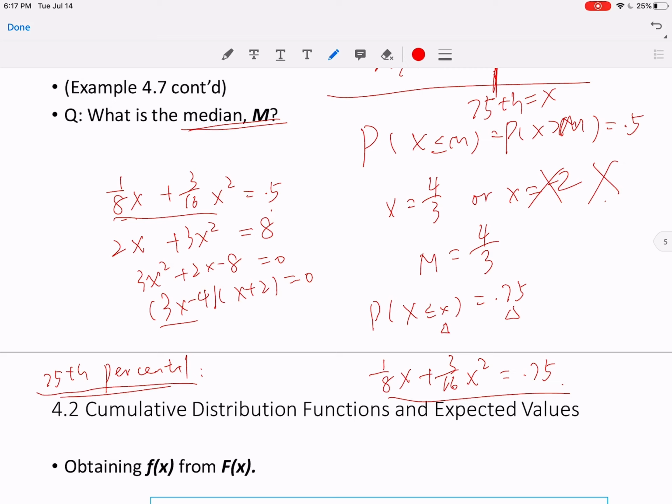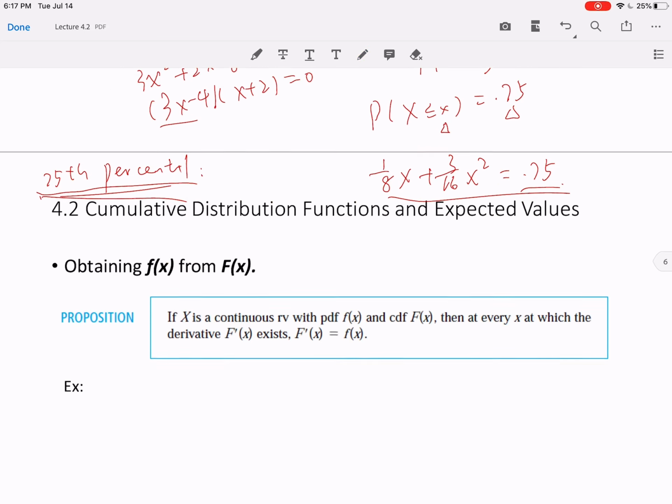If you are looking for the median, you are looking for the x value that will make the CDF equal to 0.5. If you are looking for something like the 75th percentile, you are looking for an x value that will make the CDF equal to 0.75. I hope this makes sense to you.